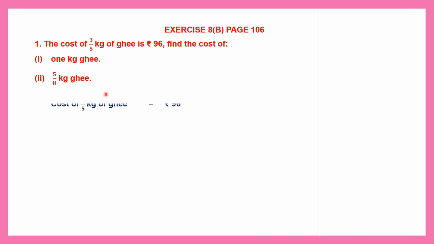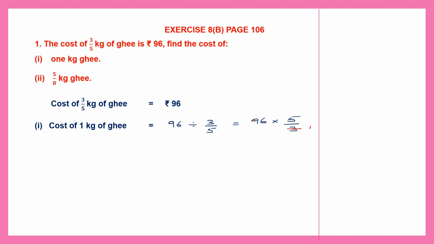So now let's begin by saying cost of 3/5 kg of ghee is 96 rupees. So the cost of 1 kg of ghee will be 96 divided by 3/5. So this will become 96 into 5/3, and we can cancel 3 and 96. 3 ones are 3, 3 threes are 9, 3 twos are 6.